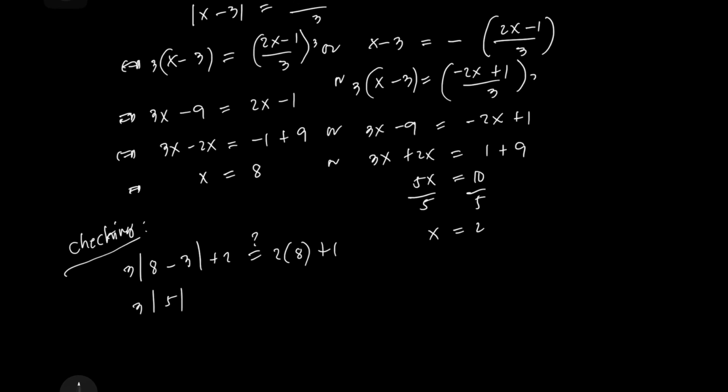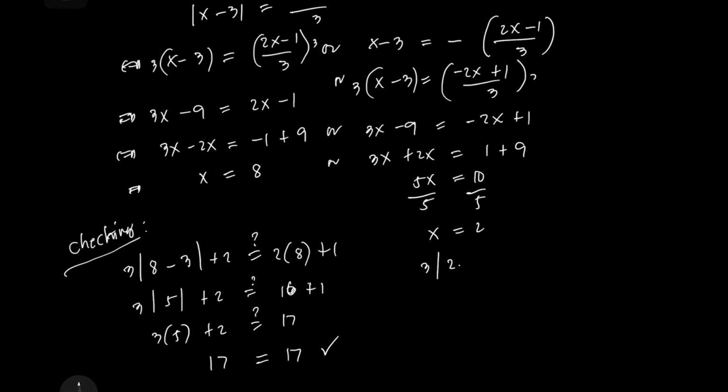So we have 3, absolute value of 8 minus 3 is 5, plus 2 equals 16 plus 1. So that is 3 times 5 plus 2, is it equivalent to 17? 3 times 5 is 15, plus 2, 17 equals 17. So 8 is a solution.